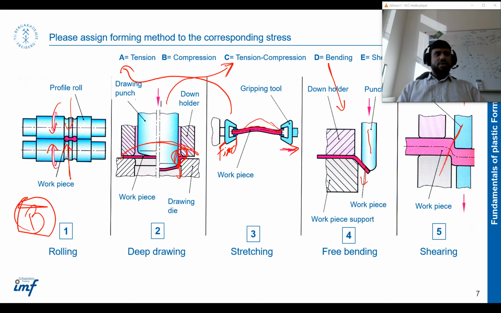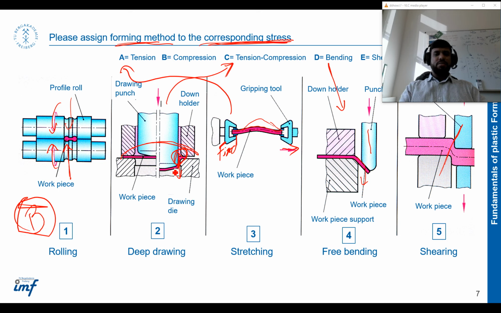I don't see why. So basically, generally, we are defining forming methods corresponding to the applied stress, and the type of stress which we apply defines this category. So here we are only applying tensile stress.